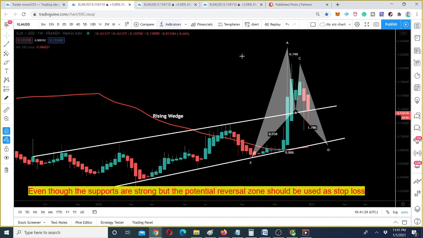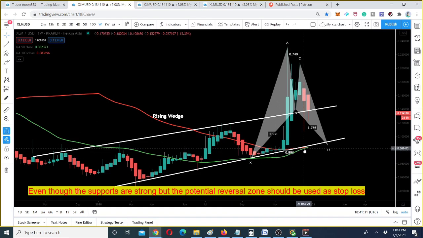And the 50 simple moving average is moving up to form a bull cross or golden cross with the 100 simple moving average. And in my many previous videos, I have been telling you that whenever the smaller time period moving average crosses up the bigger time period moving average, that is considered a very strong buying signal among the traders community.